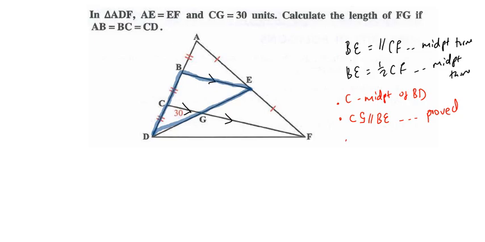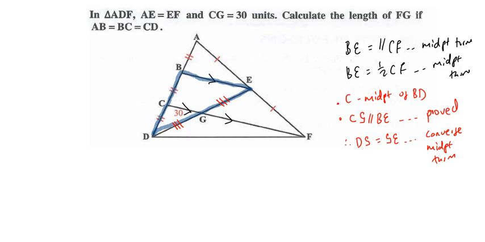Immediately you have those two things, you can then say, therefore, DG will be equal to GE. You say converse of midpoint theorem. So it's just simply about concluding that this one here will also be equal to that one.